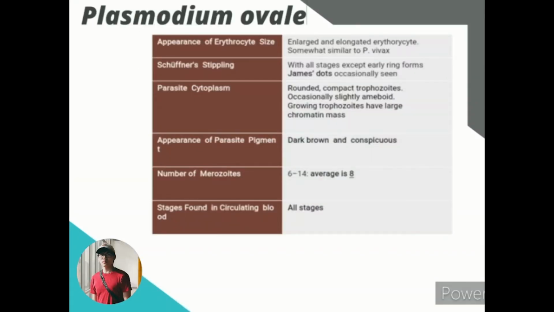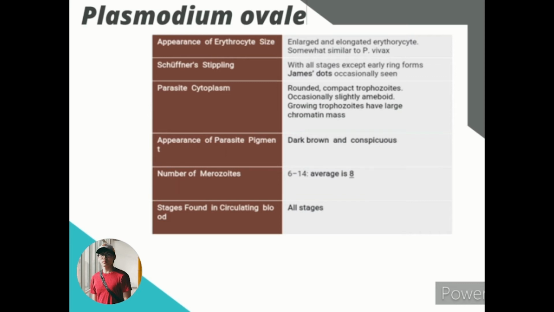Now for the second parasite, Plasmodium ovale, it has an enlarged appearance similar to that with Plasmodium vivax. But what differentiates it from other parasites is because of its elongated erythrocyte. Schüffner stippling is present in all other stages but not with the early ring forms. James dots.